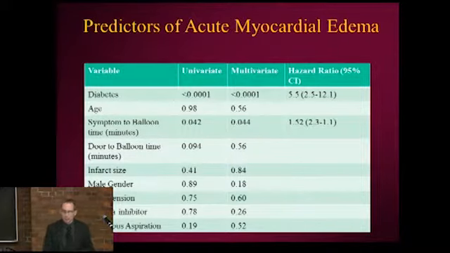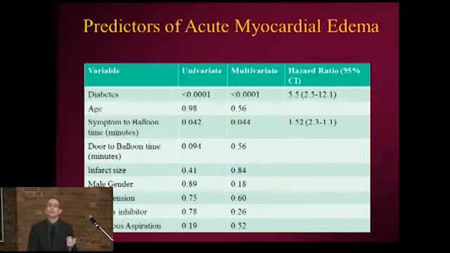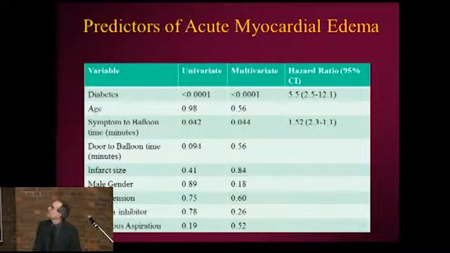And if we look at predictors of acute myocardial edema in a multivariate study, it turns out, again, remember we've kept the hemorrhage out of this, that diabetes is actually the strongest indicator of acute myocardial edema after the heart attack, whereas symptom to balloon time is a second indicator in the multivariate analysis, whereas other elements such as age, door to balloon time, infarct size are actually not predictors of that edematous response.